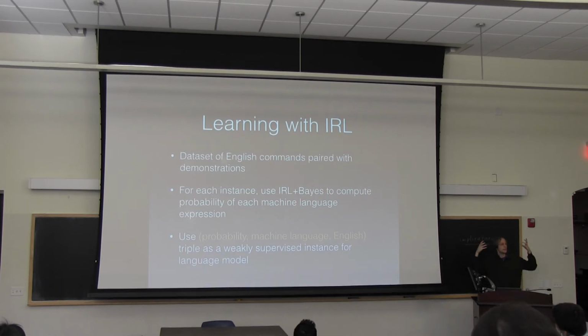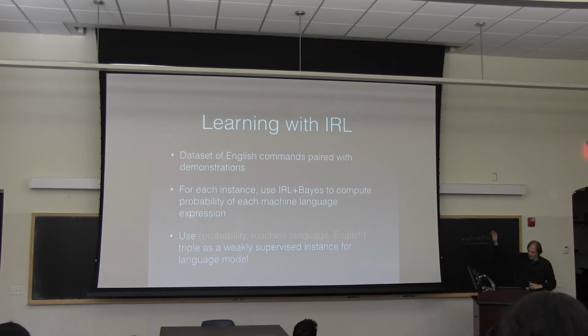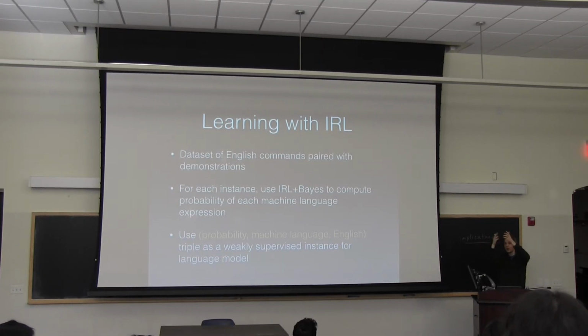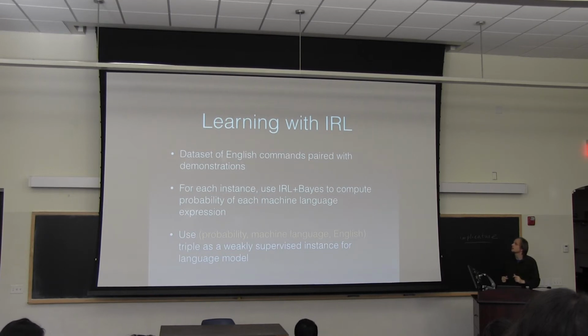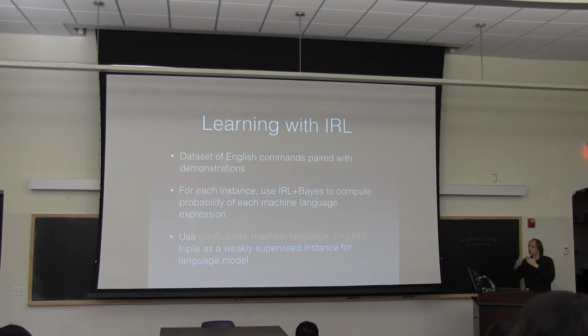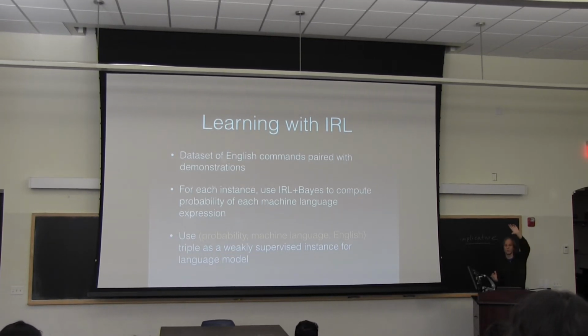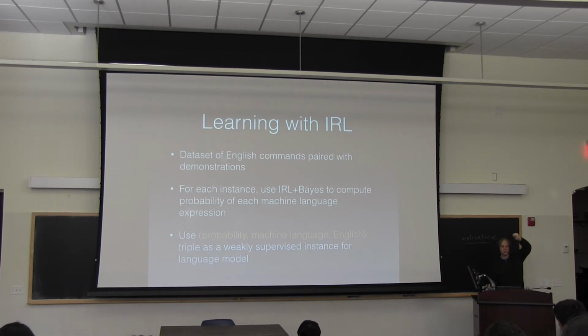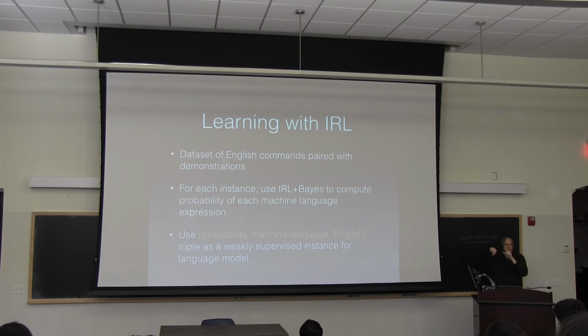If the data set we have is demonstrations, so I have commands and a demonstration of each command being carried out, then for each of our pairs of commands and demonstrations, we can use inverse reinforcement learning to figure out what the likely tasks are. Then from that probability distribution of tasks we can figure out what the likely machine language expressions would be.